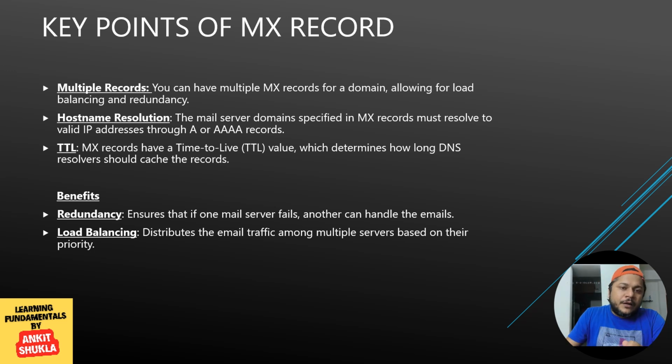The third key point about MX is that it has a time to live, TTL, which determines how long DNS resolvers should cache the record. If you remember, resolvers are the DNS servers which cache those records.